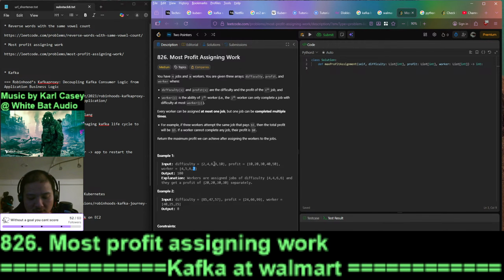Whatever worker we pick here, we want to find the min index to the max index with the difficulty in the range from 0 to the worker i, right?